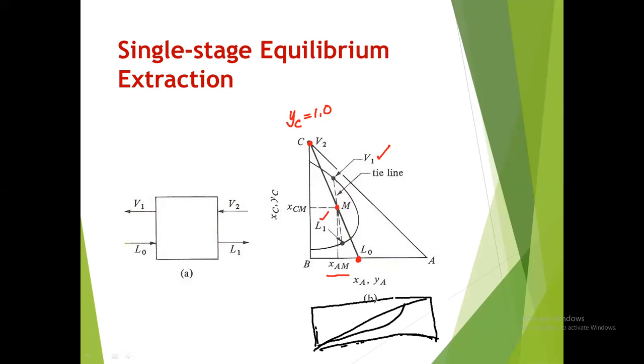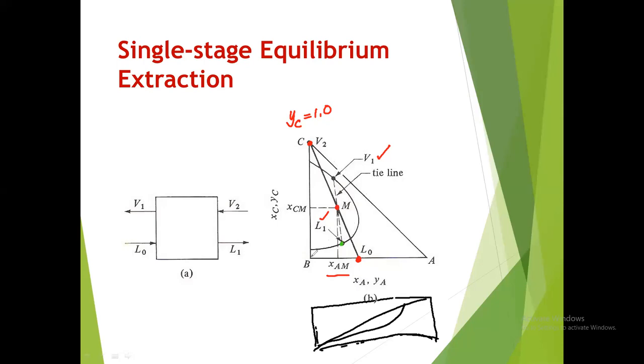Now, I say it's trial and error because you first select a particular point on the phase envelope. This is your phase envelope. I suggest that you always start at the bottom. So let's say I'll just go with the point here. Let's say L1. You try to place L1 there.